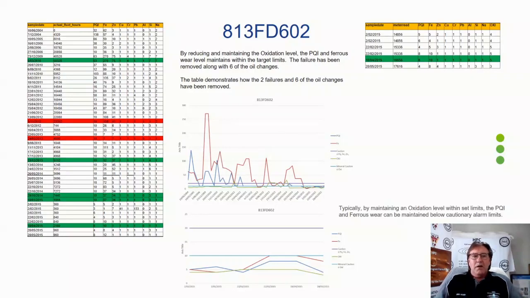Okay, so high torque loading, low speed, dirty environment that they're operating in, and again, we were having repeated oil changes because of dirt ingress causing ferrous wear material, and therefore 2 gearbox replacements and 6 oil changes, right?